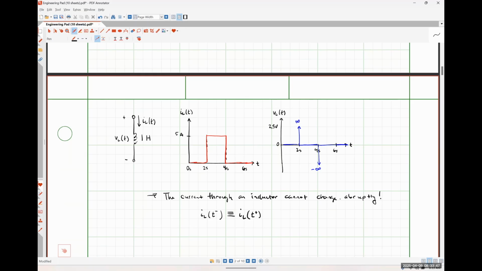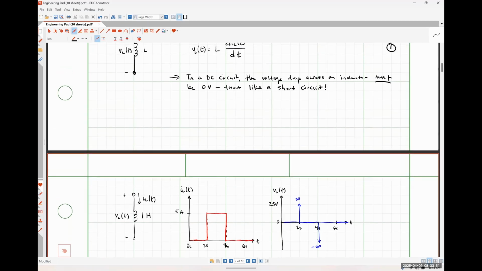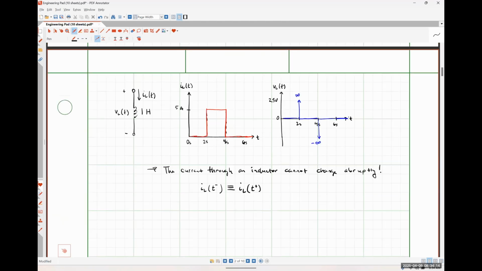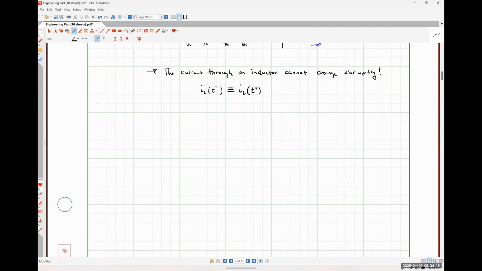Okay, so the next thing that I want to do is take that first relationship and mathematically rearrange it. So essentially, I have an equation that tells me what the voltage is if I know how the current is behaving. So it would be useful to have an equation that tells me what the current is if I know how the voltage is behaving, right? So if I were to mathematically rearrange this equation, I would wind up getting this guy.